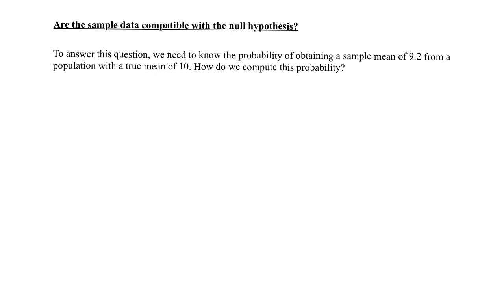Well, we use Chapter 6 techniques. You guys already know how to do this. We just haven't put it together like this yet, but here's what we do. We are going to figure out the probability of having a sample mean less than or equal to 9.2.